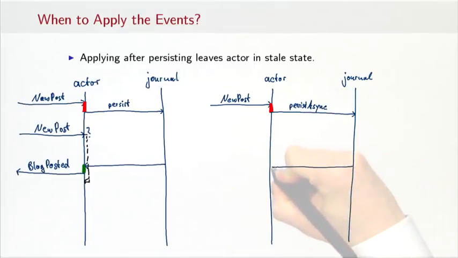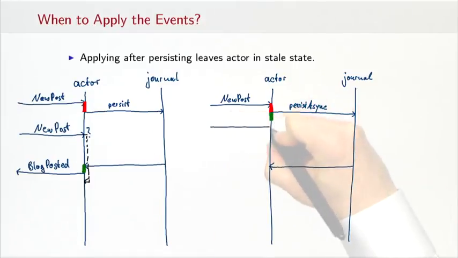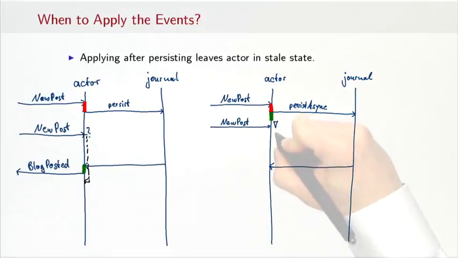So it will come back at some point here, but it will not stop the actor from processing other messages in the meantime. This means in order to keep the actor's processing consistent with our rules, we need to apply the changes here already, such that when the next post comes in, it will be rejected because the quota reached has been applied.